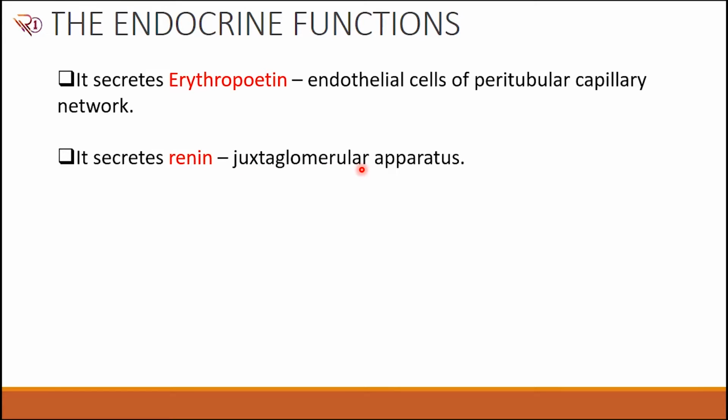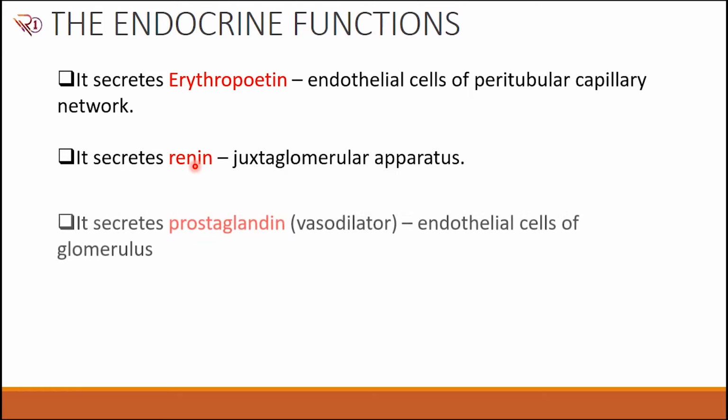So usually when there is vasoconstriction or when there is inadequate blood supply to the kidney, the kidney releases renin to cause activation of angiotensin 1 and angiotensin 2, and then leading to vasoconstriction. So we shall talk more about it.